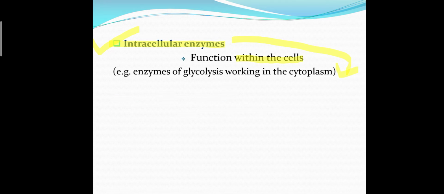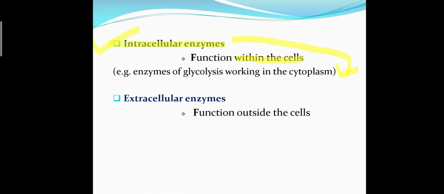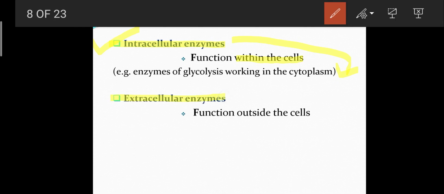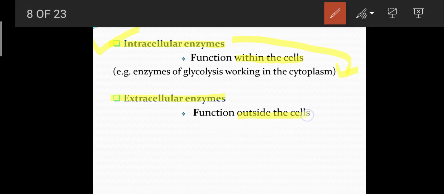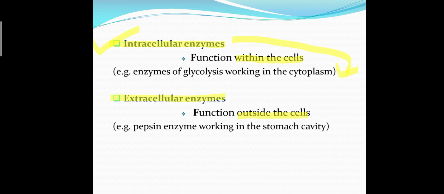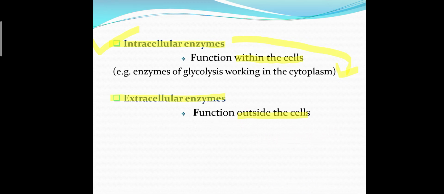Here is another term, extracellular enzymes. Those enzymes that function outside the cells are known as extracellular enzymes. For example, the pepsin enzyme working in the stomach cavity is an example of extracellular enzymes.